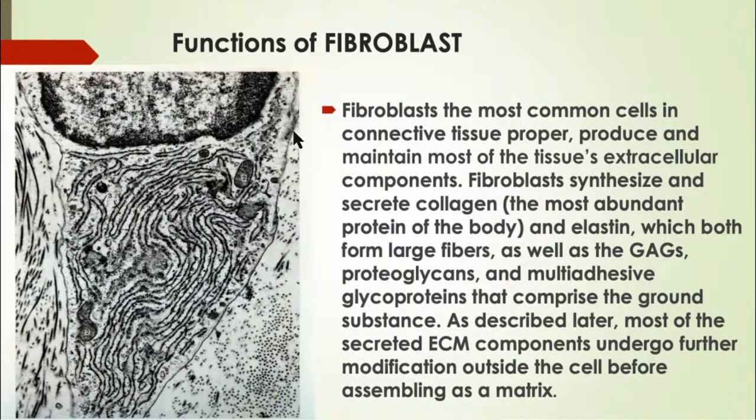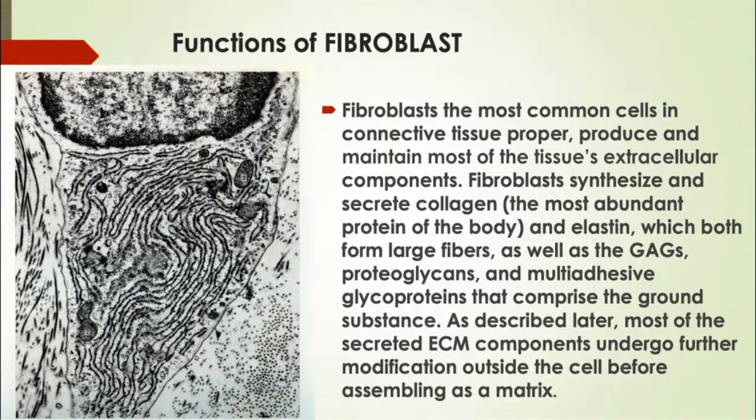The free ribosomes are also visible in the cytoplasm, separate from the reticulum. Also visible are mitochondria and the Golgi complex, and we can see the protofibrils of collagen at different levels of organization surrounding the fibroblast.